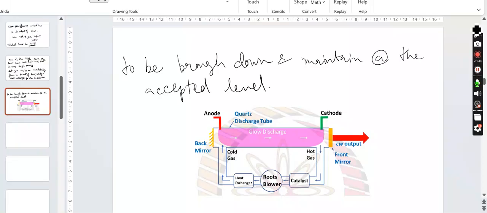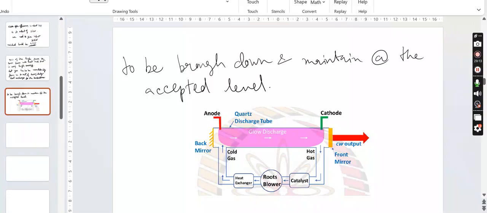Then we go to this blower, which is called a Roots blower, and then to the heat exchanger, where the hot gas exchanges all its heat and comes back as a cold gas. This is the circulation loop.